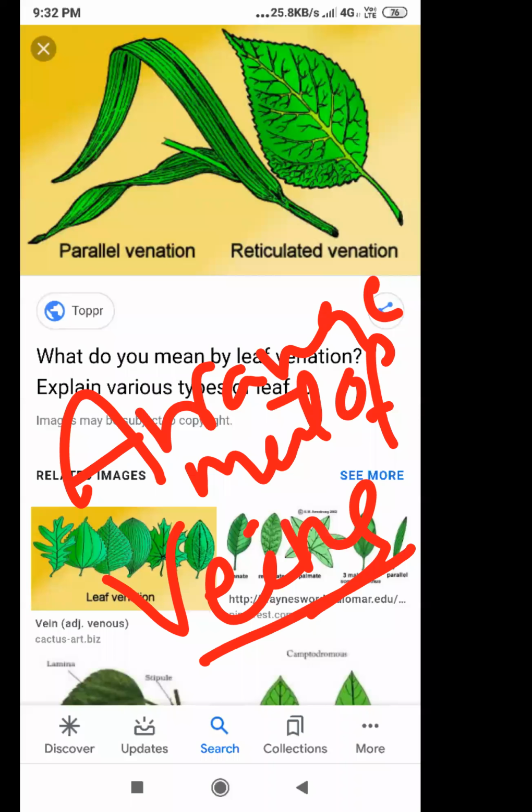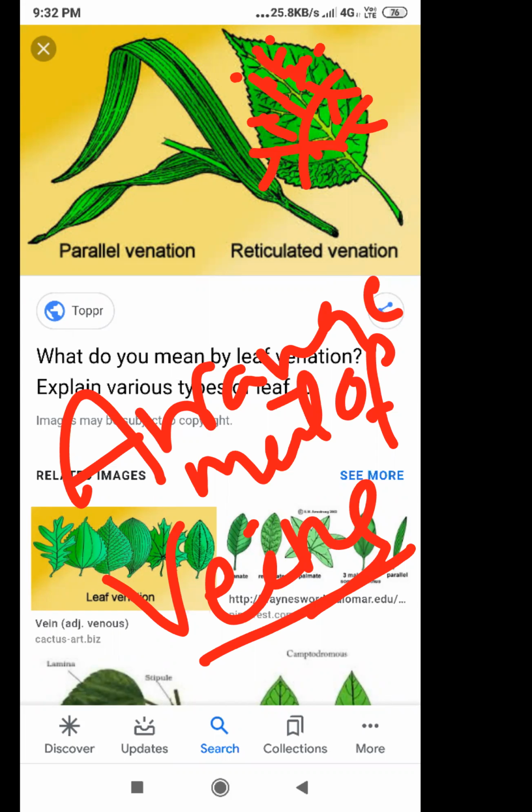You can see the veins here. When the veins are arranged in a net-like pattern all over the leaf, it is called reticulated venation.